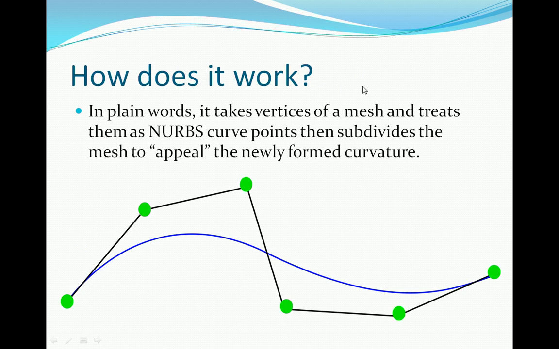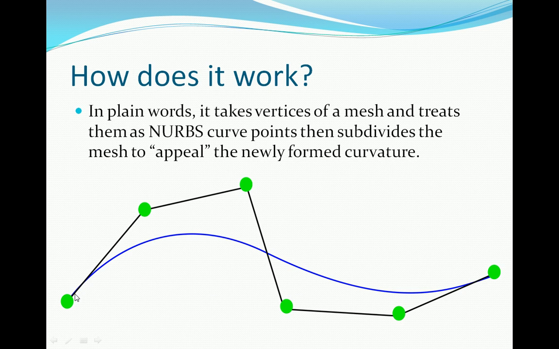So how does it work? In plain words, it takes vertices of a mesh and treats them as non-uniform rational B-spline curve points and then subdivides the mesh to appeal the newly formed curvature. So basically, this black line represents a mesh flow, say a plane bent in a certain way, and these green dots are vertices.